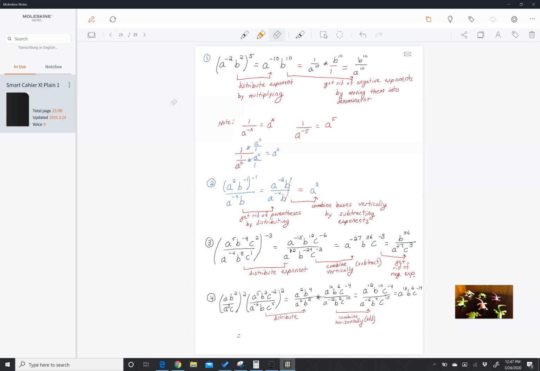And our last step is to get rid of those negative exponents. So the only negative exponent here is the 14. So the c to the -14 is going to go on bottom. So our final answer is a to the 18, b to the 6, over c to the 14. So we combine horizontally, then we combine vertically.